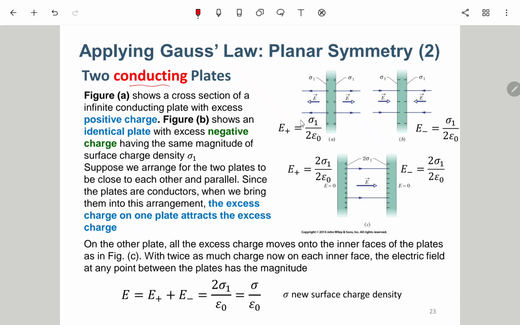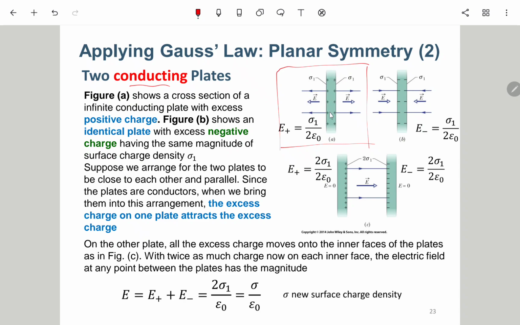Okay, here we have two conducting plates. First we just consider one plate at a time. For figure A, just ignore the next one, the one in figure B. First of all, we assume this conducting plate has some thickness and is infinitely large, with a charge. Since it is infinitely large, all the charge will be concentrated on the left side and the right side only.